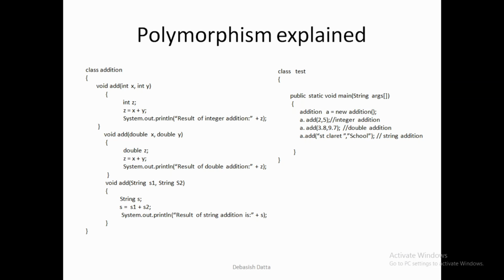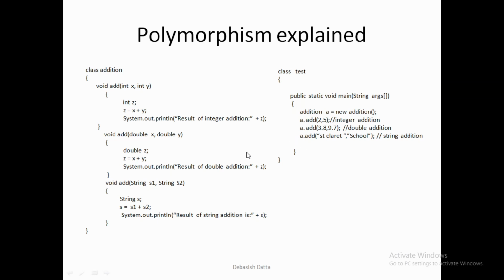Also you can see this add function is called with 2 string values. So when our computer executes this line, an output with Claret School in a single line will come, which indicates this add function adds 2 strings as well.